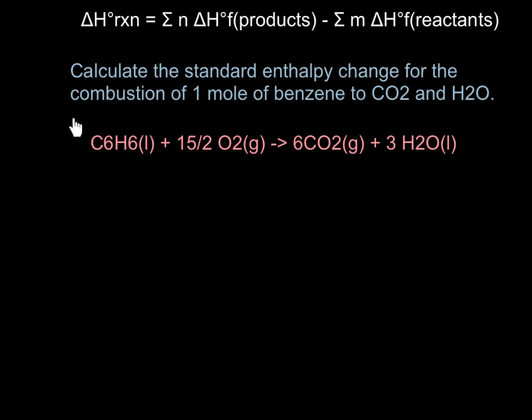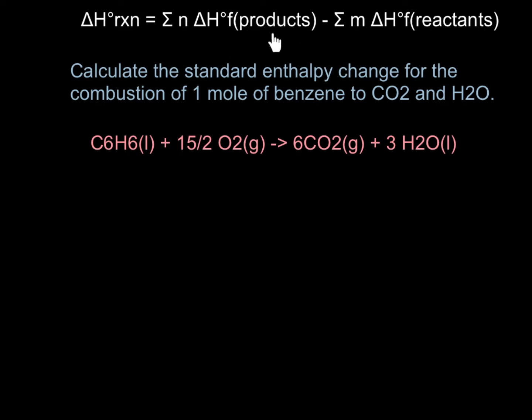So if we wanted to calculate the standard enthalpy change for the combustion of 1 mole of benzene to carbon dioxide and water, this is the way that I would write the equation. I'm writing it as 1 mole of benzene, which is why I have a fraction here for the oxygen. So I can calculate the delta H of the reaction by using this equation.